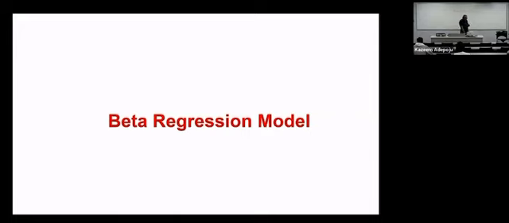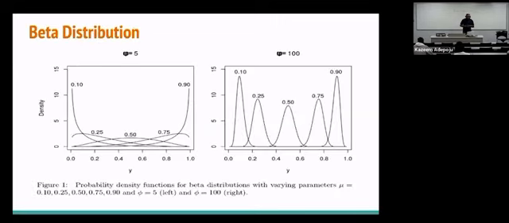I want to walk you through the beta distribution now, because you know why? When I'm talking about linear regression, the probability distribution of the response variable is normal. When I'm working with linear regression, where the nature of the response variable is continuous, the underlying distribution of the outcome variable is normal. When I walked you through the binary logistic, the underlying distribution of the response variable is binomial.